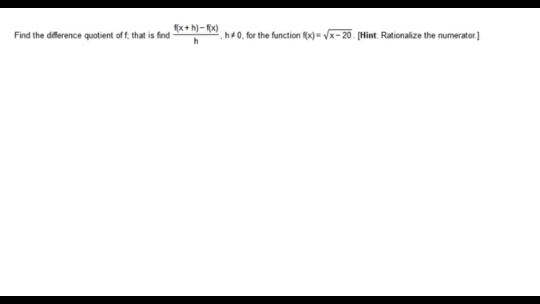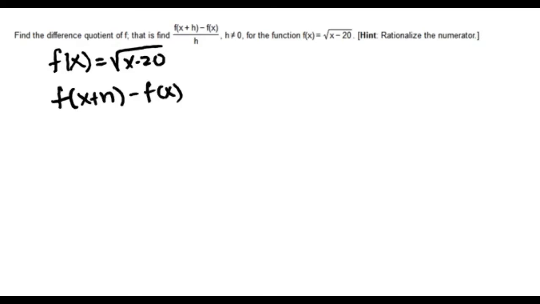So we want to find the difference quotient for this function, f of x equals square root of x minus 20, and our difference quotient, f of x plus h minus f of x over h, is square root of x plus h minus 20.